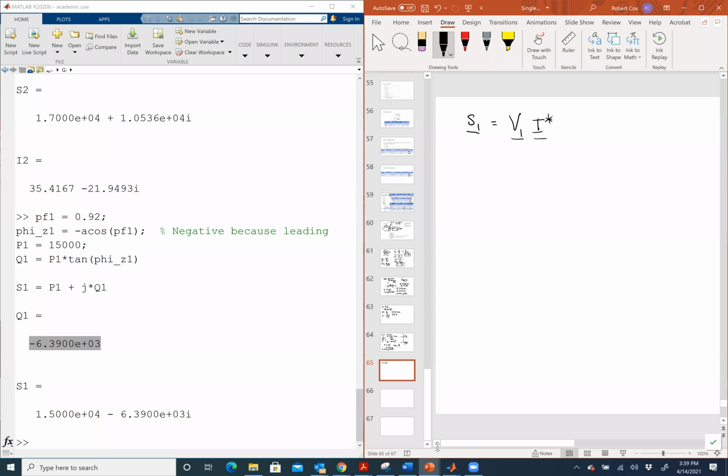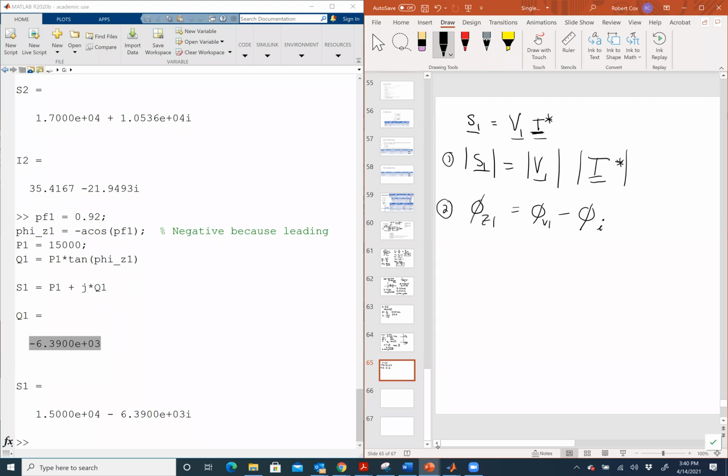I could say the magnitude of S1 equals the magnitude of V1 times the magnitude of I conjugate, and the magnitude of I conjugate and I is the same, right? So this would be one equation. The second equation would be the angle of S1, which is the same as phi Z1, equals phi V1 minus phi I1, or minus phi I.